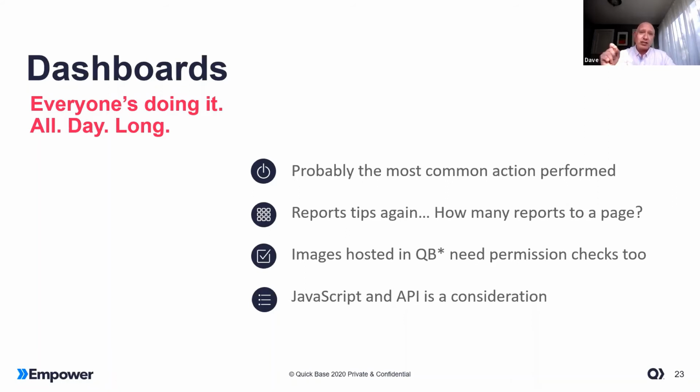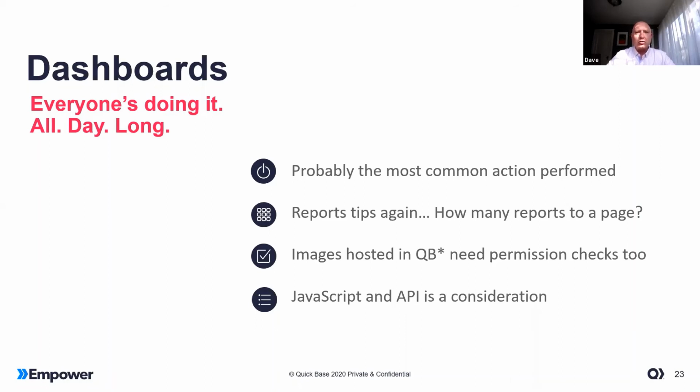Depending on where you're hosting that image, typically in QuickBase, every single one of those images needs to be checked with a permission. So be conscious of the permissions you have on an images table, for instance, that you're using elsewhere in the apps, because every single time we show one of those images, we've got to do a permission check on it.